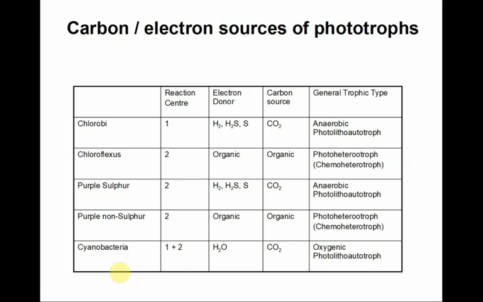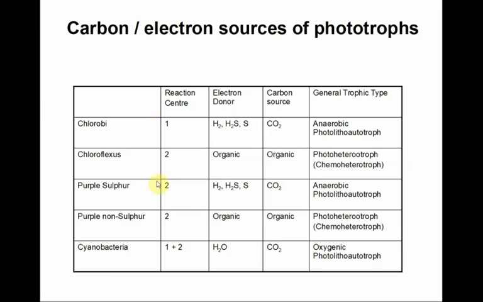Because sulfur oxidizers need an electron acceptor, right? They need oxygen. So that was basically transfer of some of the photosynthetic apparatus to chemolithotrophs.